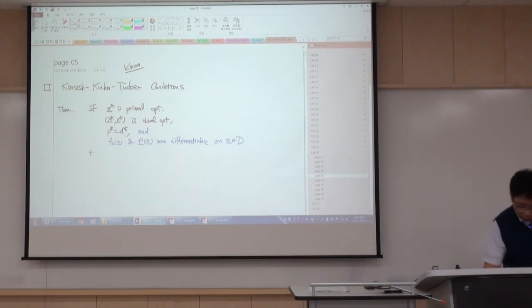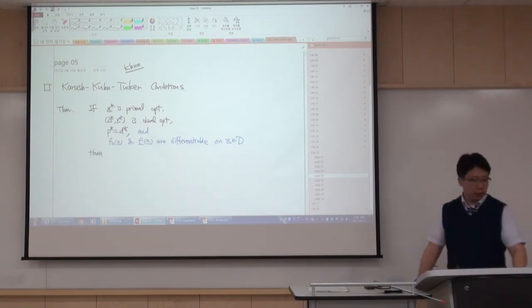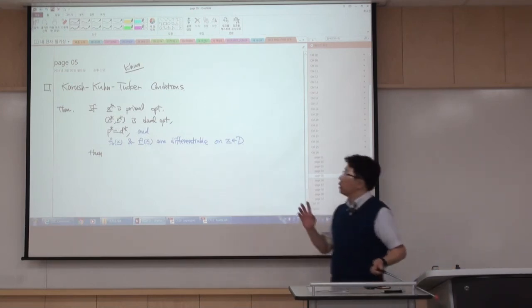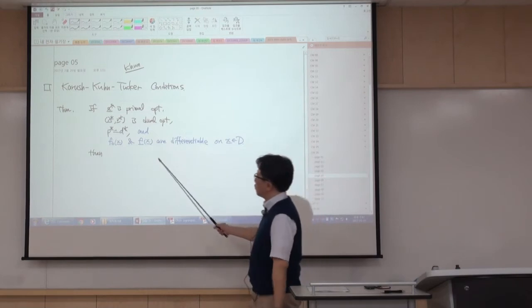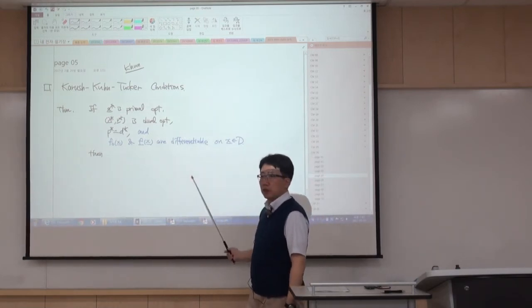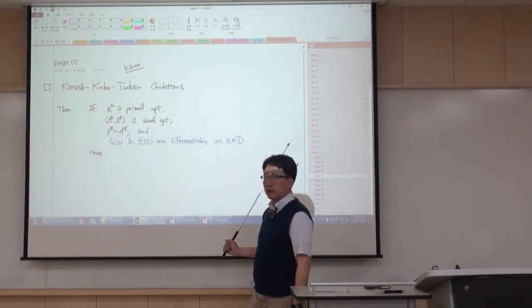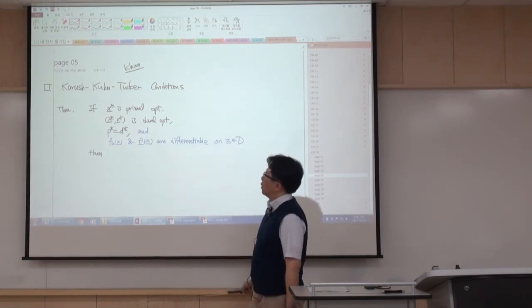Then we have some result. Actually, this Karush-Kuhn-Tucker condition is this part. Okay. So it's like this.